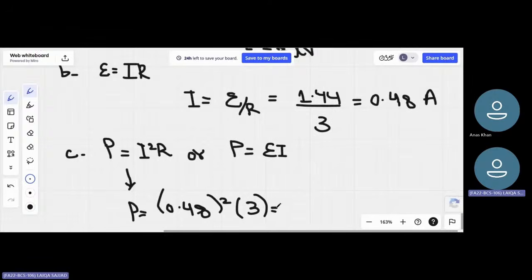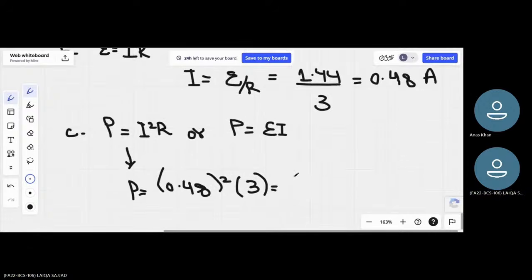So power would be equal to 0.69. And what about the unit? The unit is watts.